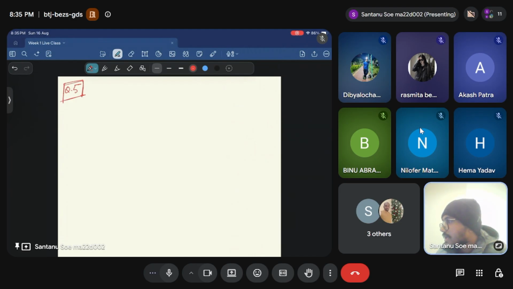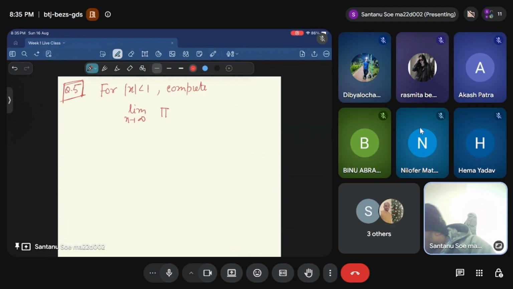So the next question is: for modulus of x less than 1, compute the limit as n tends to infinity of the product for k equals 0 to n of 1 plus x to the power 2 to the power k.